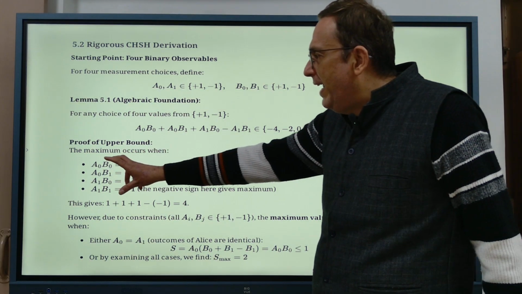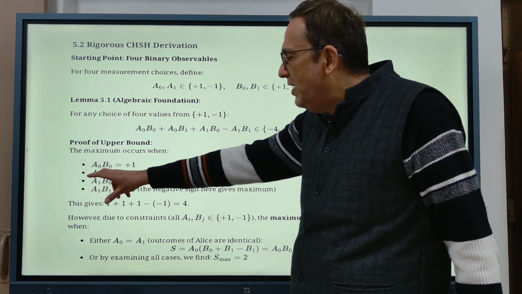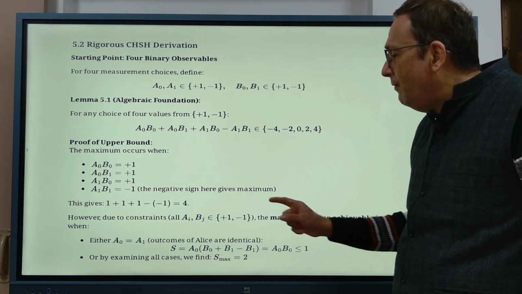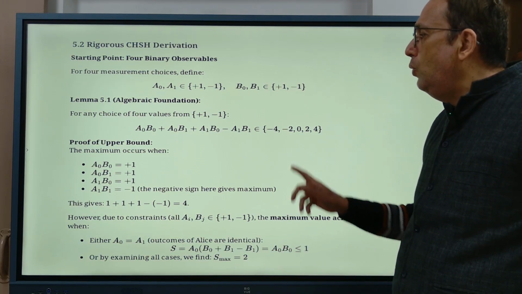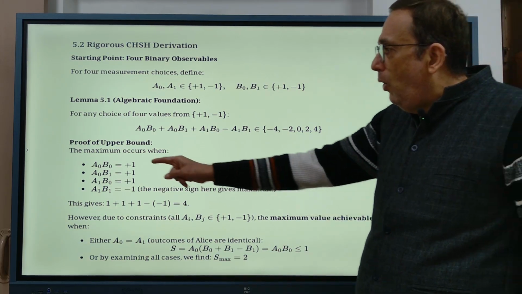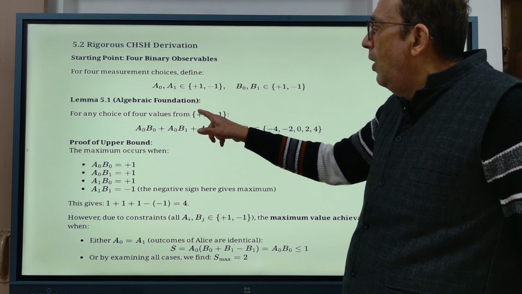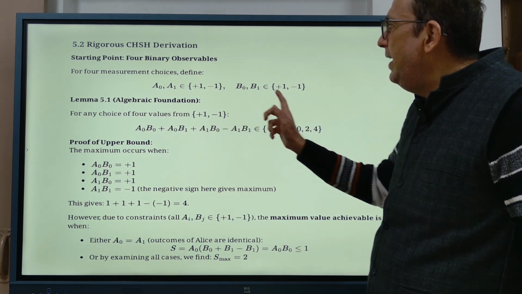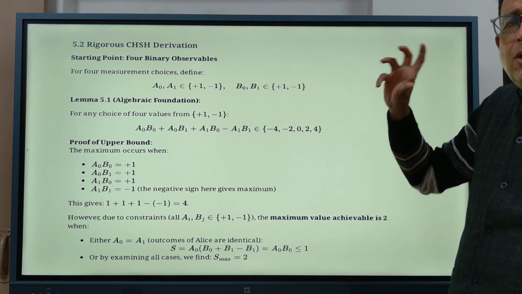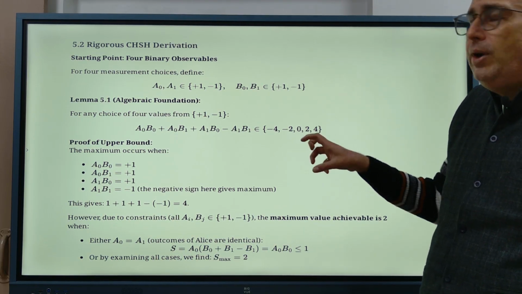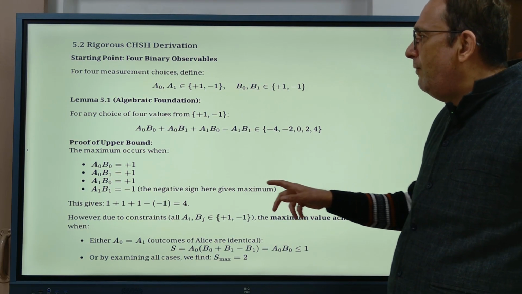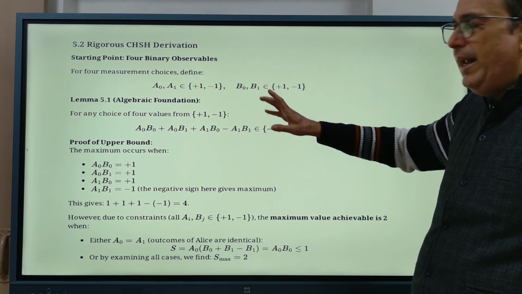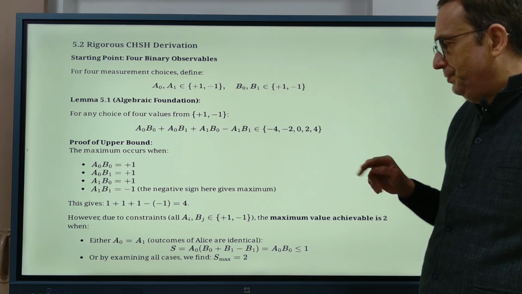So by taking various different combinations, you can arrive at the maximum value that S can take, which is actually 2 and not 4. You can take all possible values, plus 1 and minus 1 for A, and plus 1 and minus 1 for B, and then all the possible combinations you can put together, and you will find that the maximum value of this algebraic sum is never going to exceed 2.